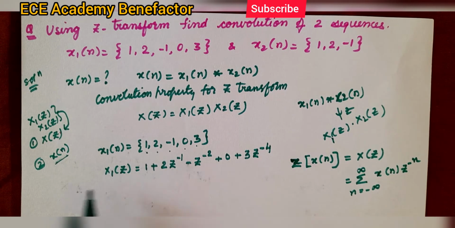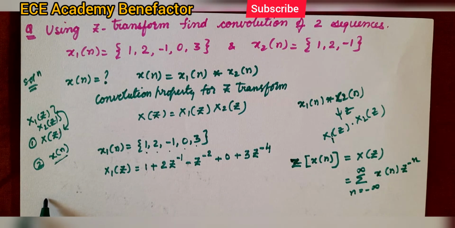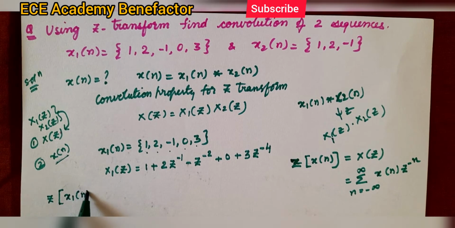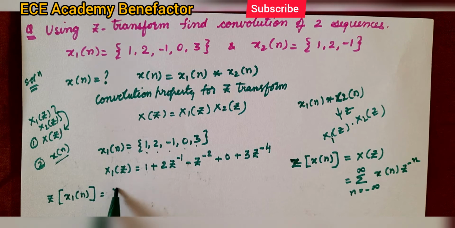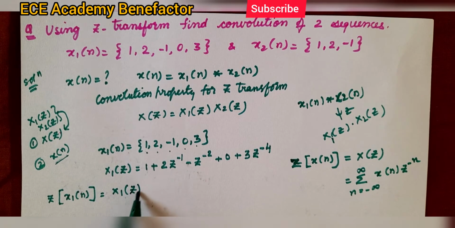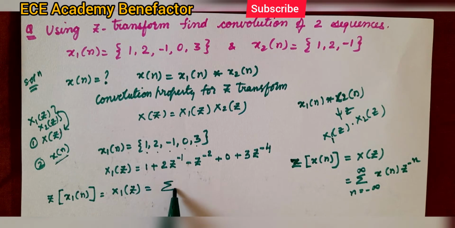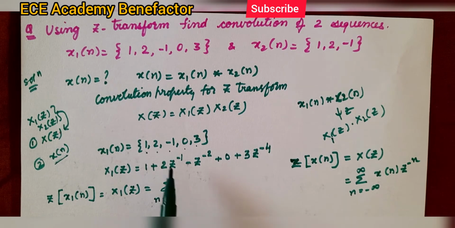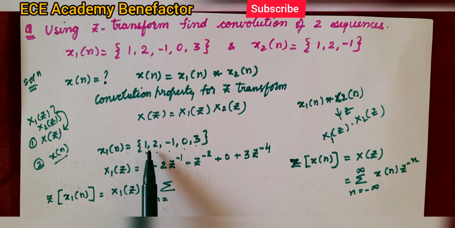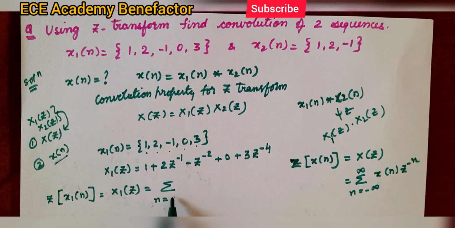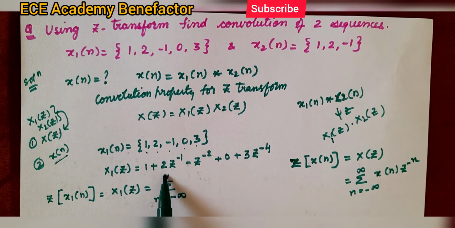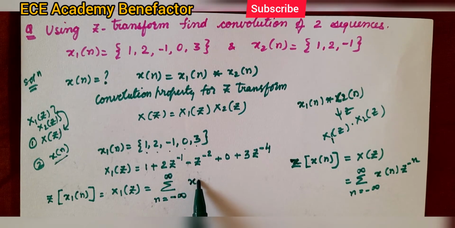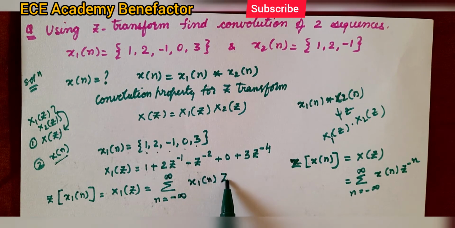Z transform of x1 of n is equal to x1 of z, which is equal to summation n is equal to minus infinity to infinity x1 of n z to the power of minus n.